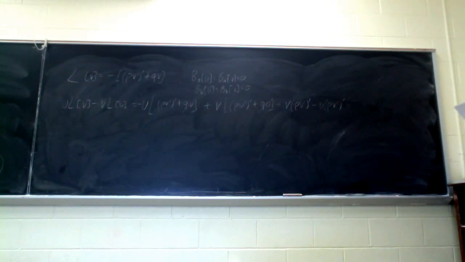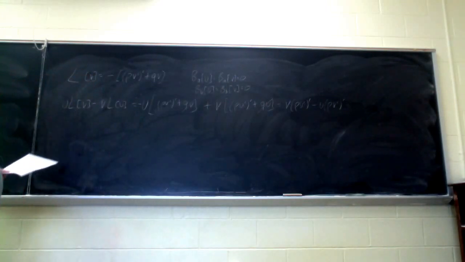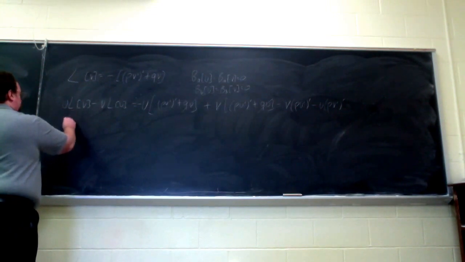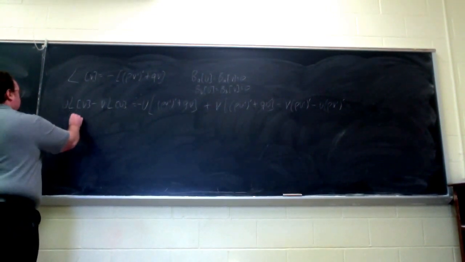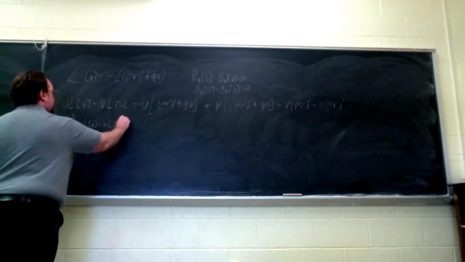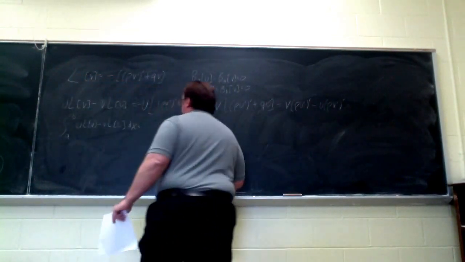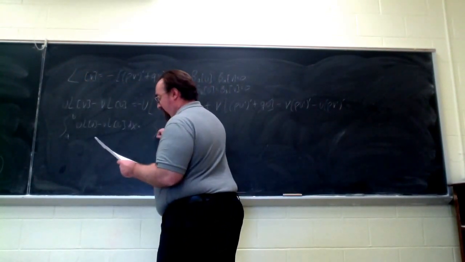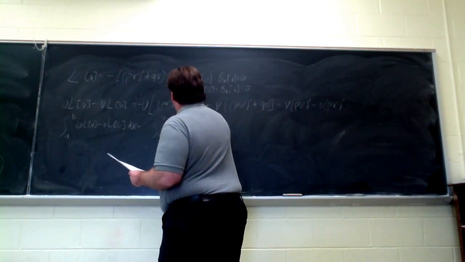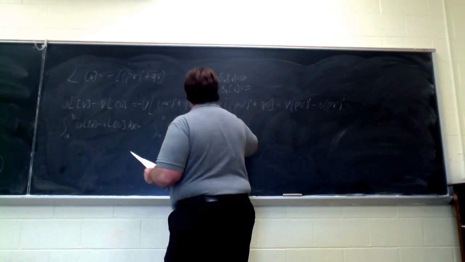Now I'm going to take this whole expression and integrate it from a to b. So we're working on our interval a b for a Sturm-Liouville problem. So now I'm integrating v (p u prime) prime minus u (p v prime) prime dx.